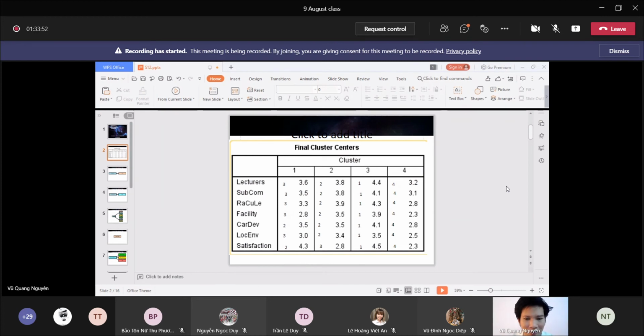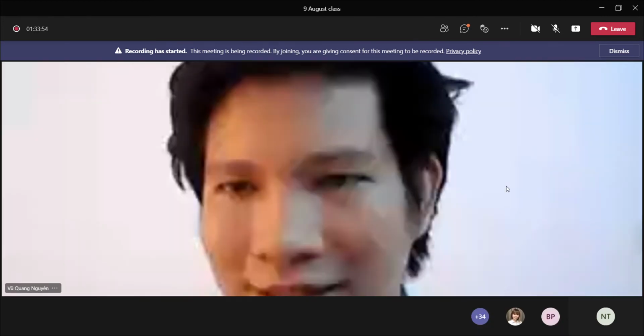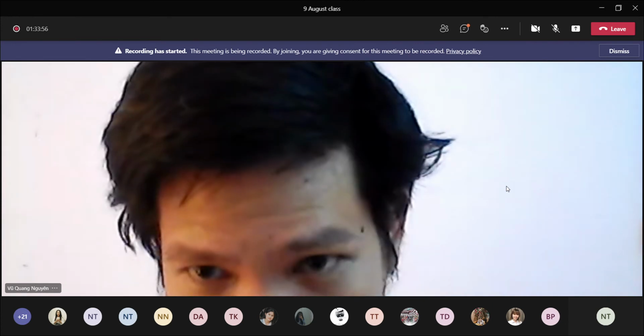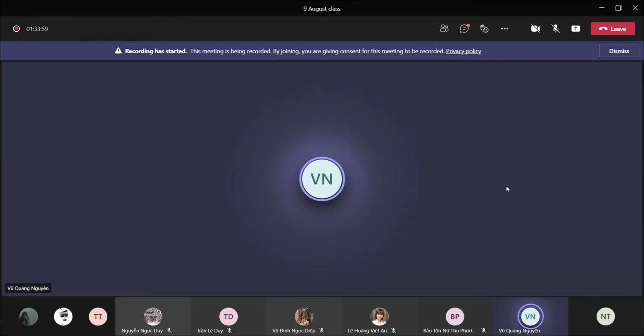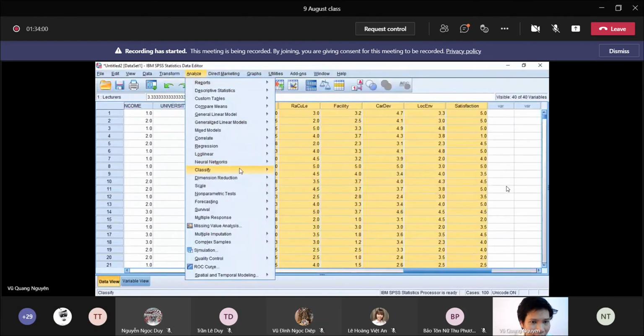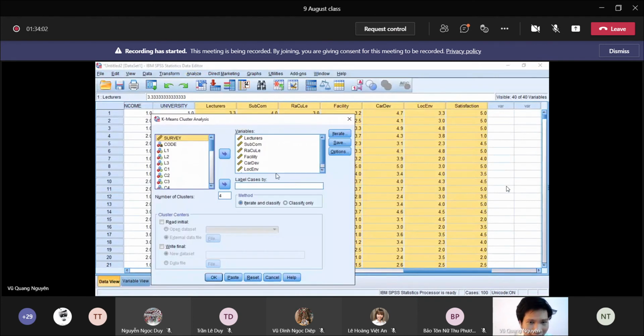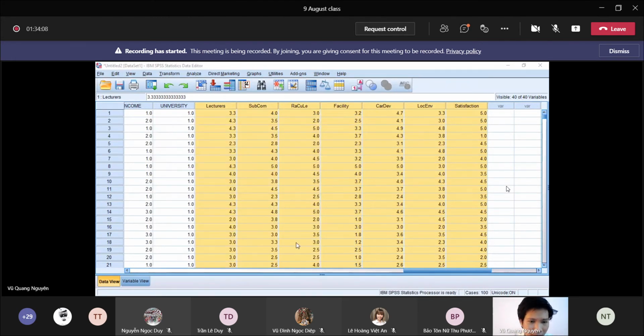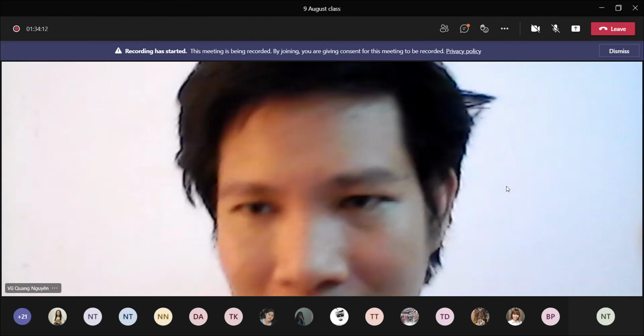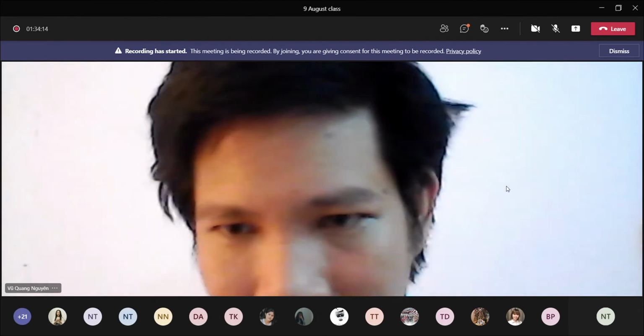So maybe I run the last one with 5 clusters and we can spot the difference between the clusters. This one you have no other way of doing, only manually like this. And because the hierarchical is useless, you see.